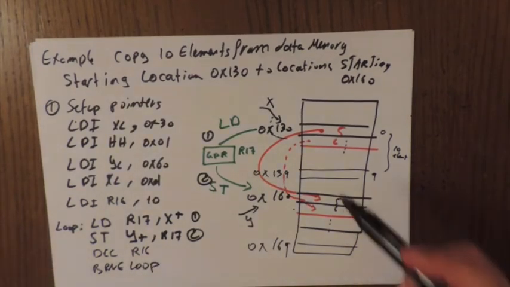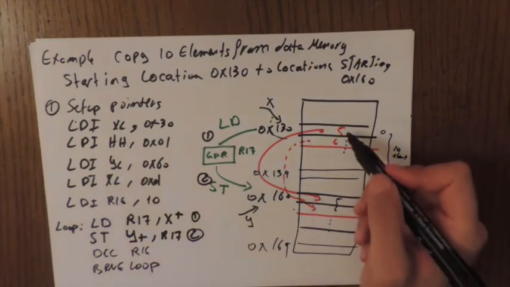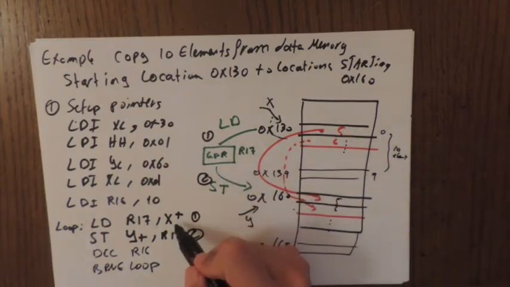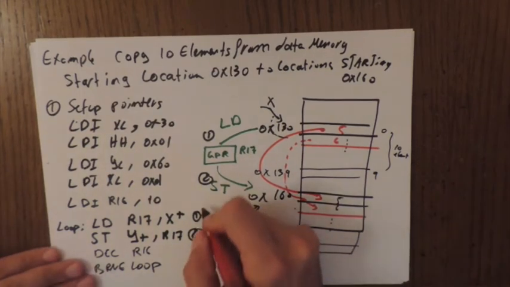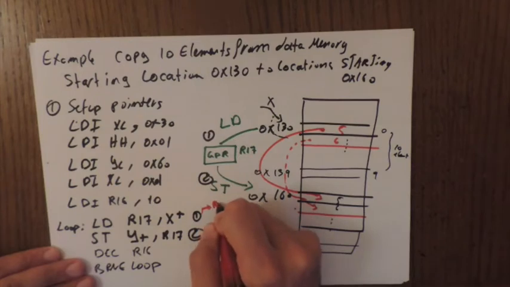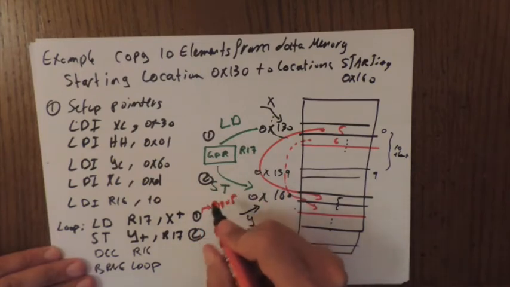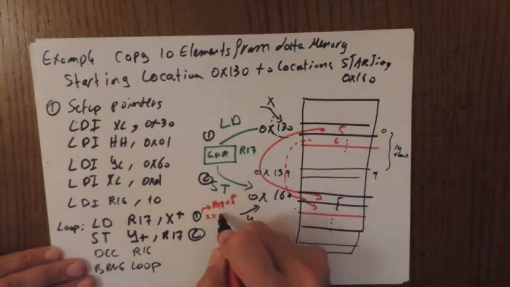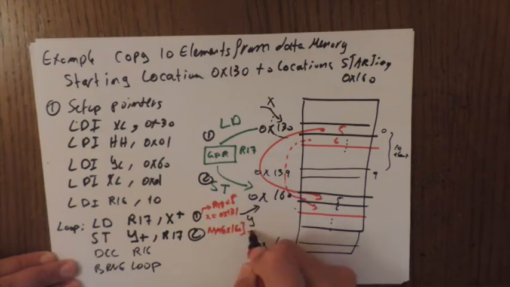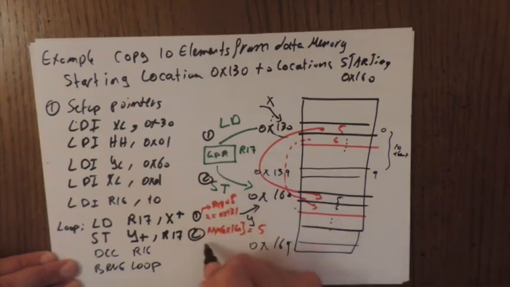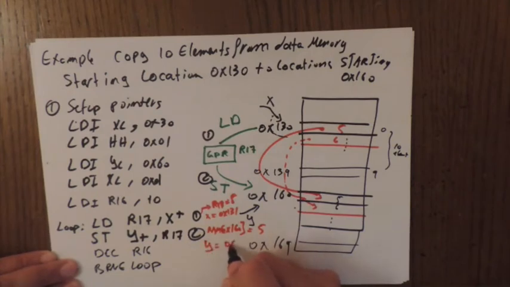So in each iteration, the 5 will be in R17 after doing LD. So here I'm saying R17 equals 5, and then X is equal to 0x131, and then RAM of 0x160 is equal to what's in R17, 5, and then Y is equal to 161.